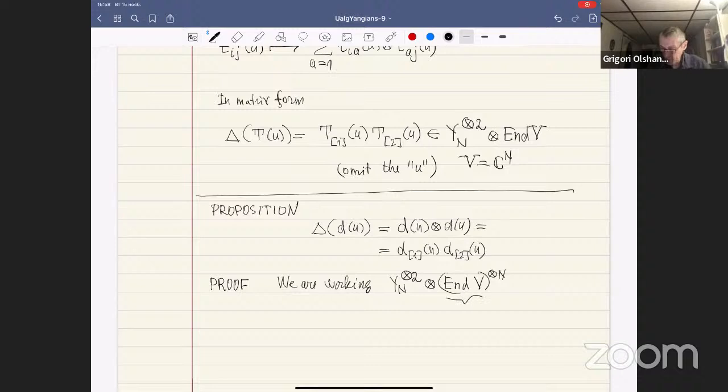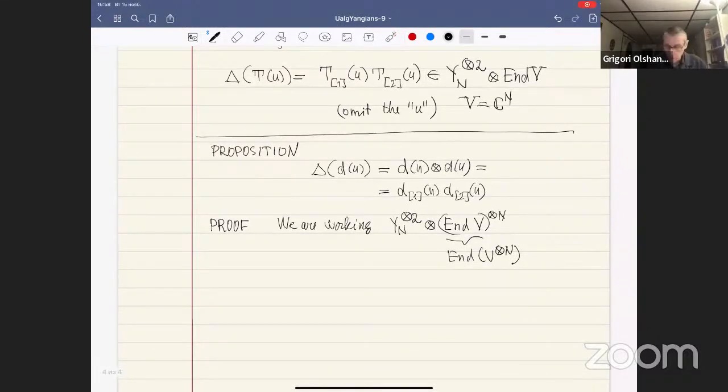Of course, this is the same as the endomorphism of the n-fold tensor product of our auxiliary space V. So we want to make some manipulation in this huge space, and the reason is that the quantum determinant is defined in terms of this object. So this is why we want to use it.